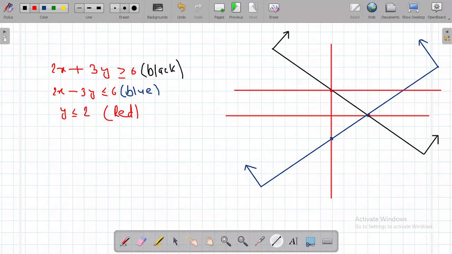This is x over x dash. If you test the origin, it will be 0 is less than 2, which is true. So it will be towards the origin.